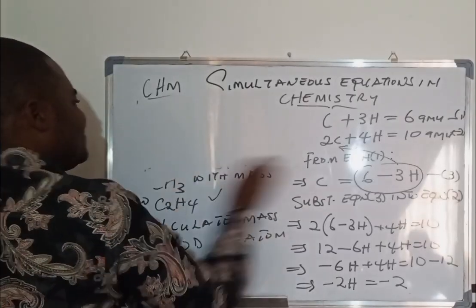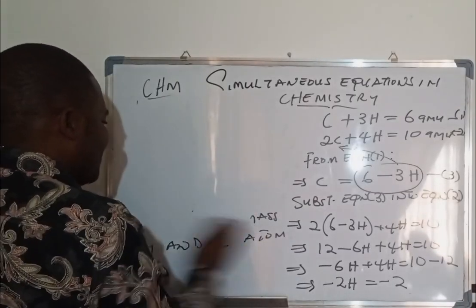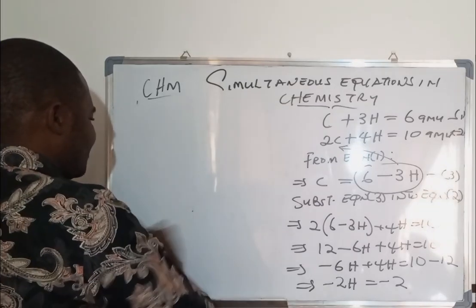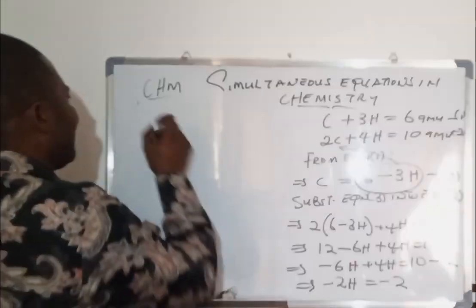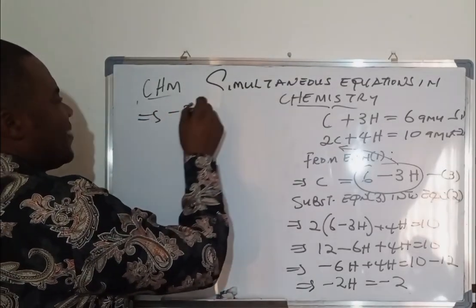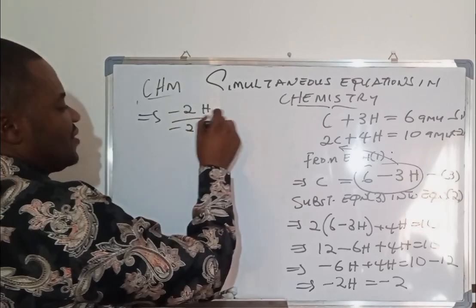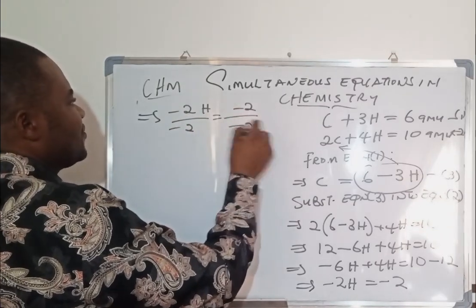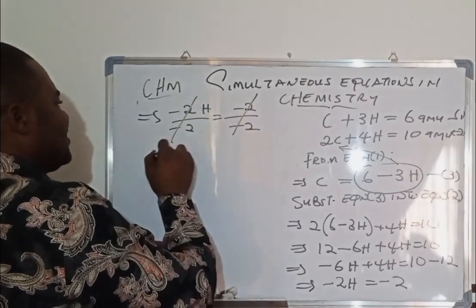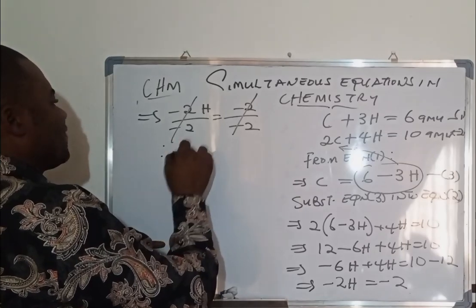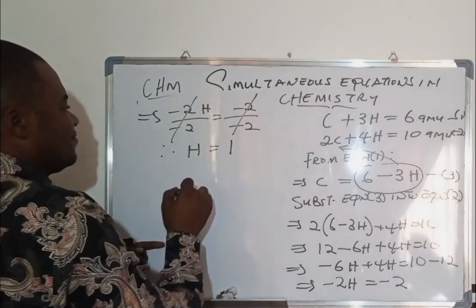So we look for H by dividing both sides by minus 2. Minus 2H divided by minus 2 equals minus 2 divided by minus 2. This would all go. Therefore, H will be equal to 1.